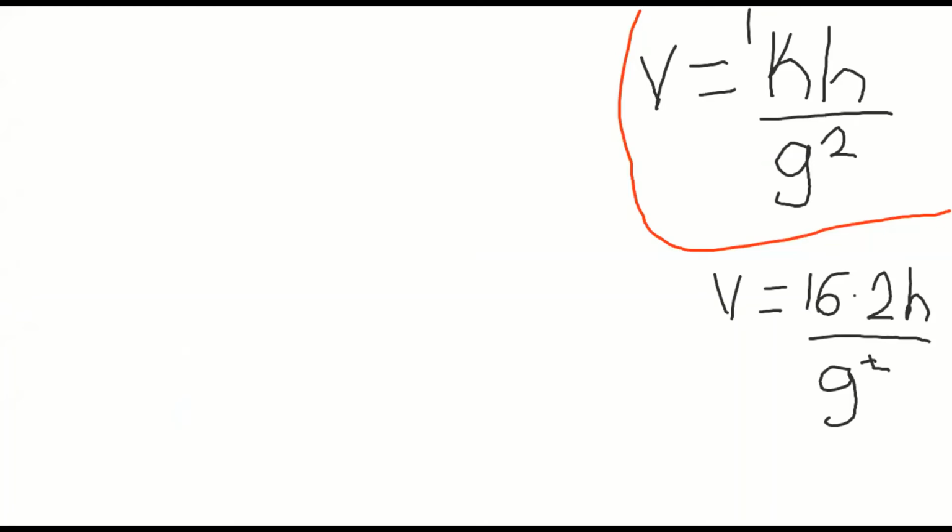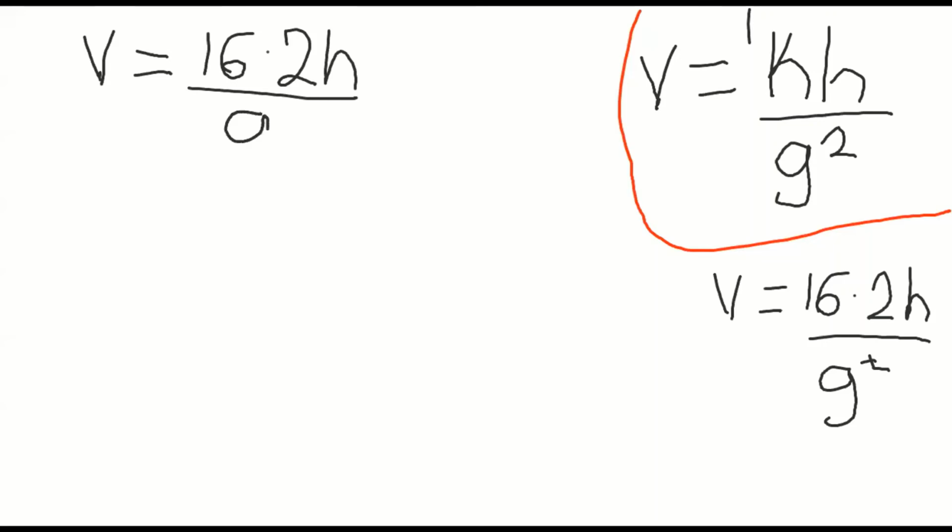So the final part says, what is the height of the tree with a volume of 1,000 meters cubed and a girth of 2 meters? So we have already seen our equation: volume is equal to 16.2 times the height out of the square of the girth.